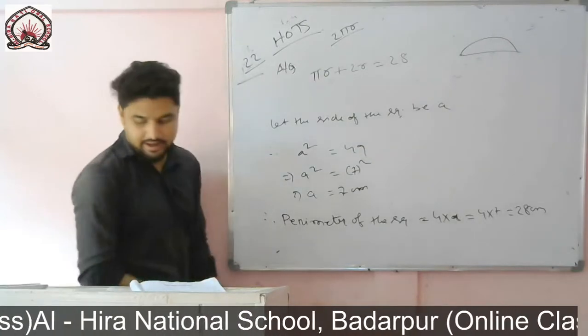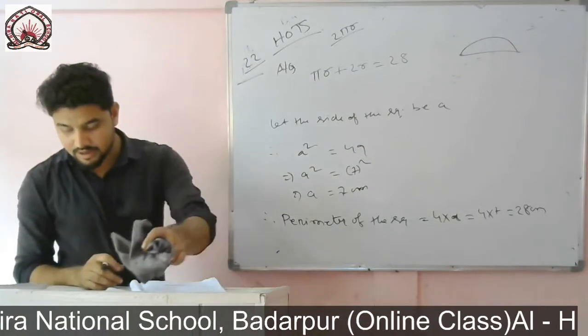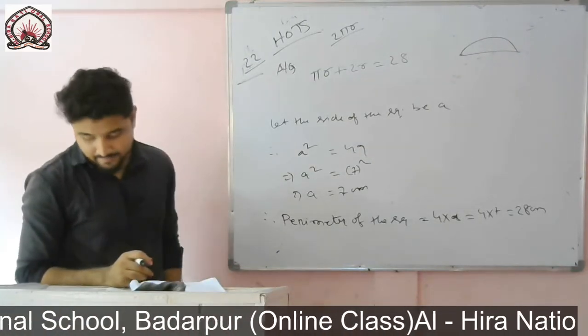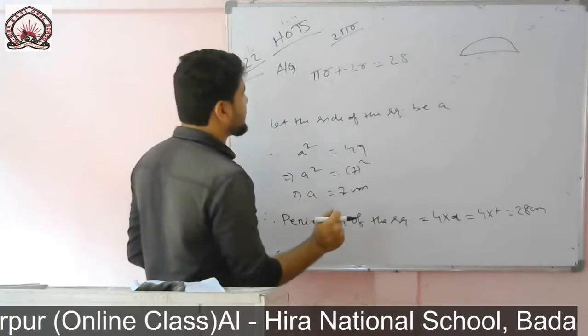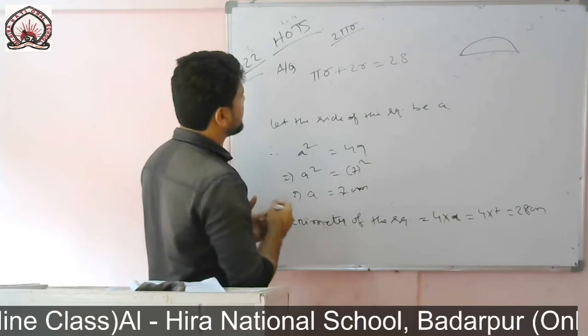Okay, and here you see, find the radius of the semicircle. Now we can find the radius of the semicircle.